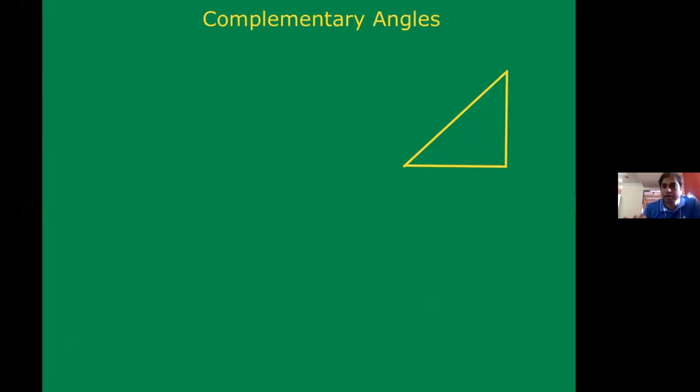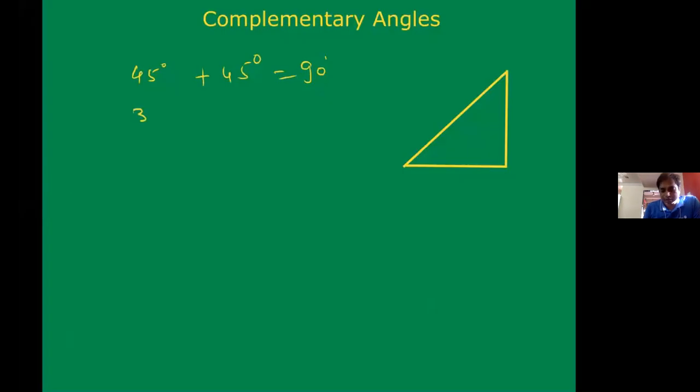Acute angle means less than 90 degrees. So two angles less than 90 degrees whose sum is 90 degrees are called complementary. If I take 45 degrees plus another 45 degrees, this is 90 degrees, so this is called complementary. Similarly 30 degrees plus 60 degrees are complementary.